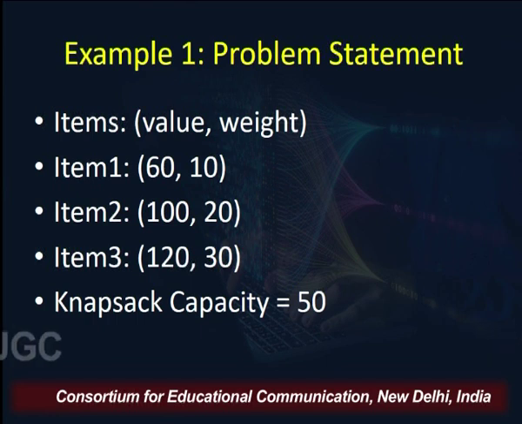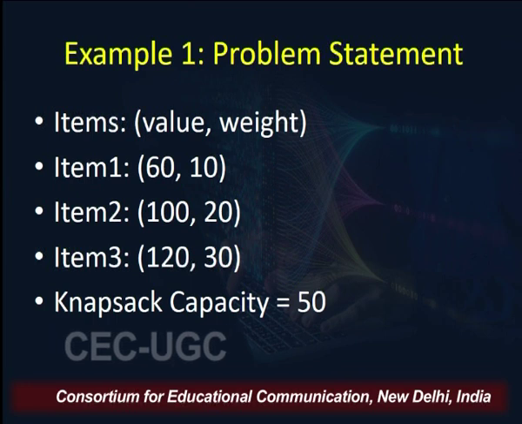Item 2 has value 100 and weight 20. Then item 3 has value 120 and weight 30, while the total capacity of the knapsack is 50.